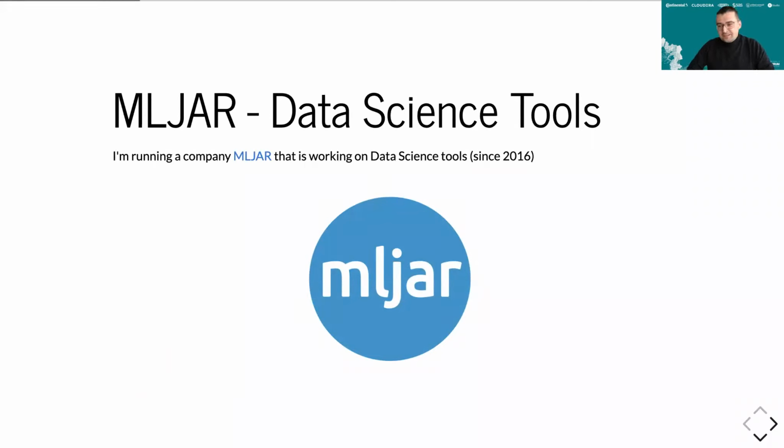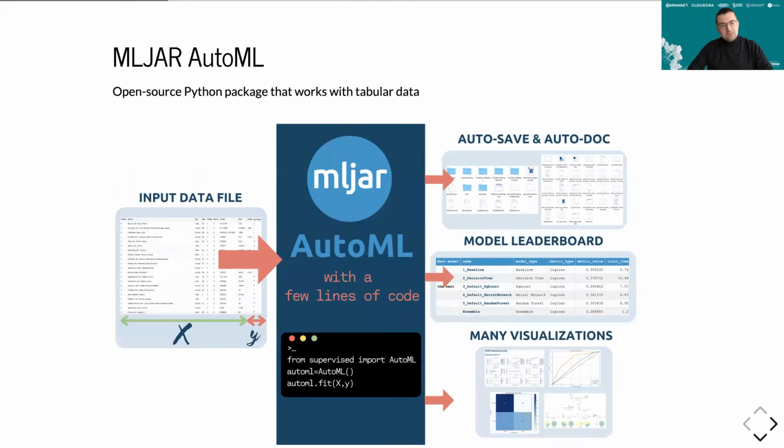At the beginning, the company was working on a web service for automated machine learning. But I shut down this web service in 2019 because the competition from big cloud vendors with their solutions was very, very high. And I turned this web service into an open source package.